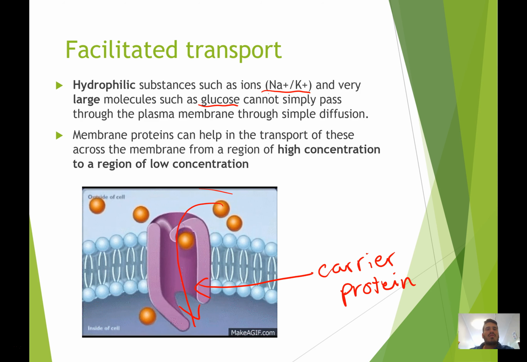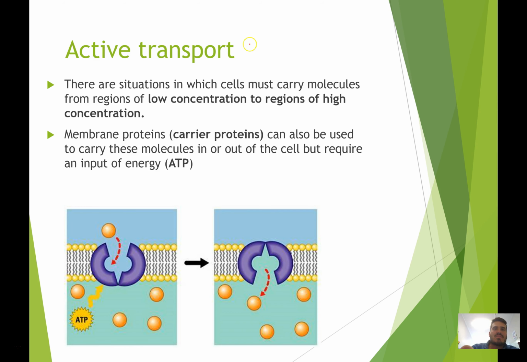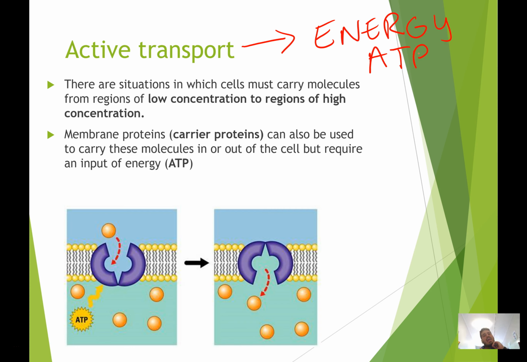Okay? So whilst facilitated transport is still talking about no ATP, no energy, in active transport we have energy or ATP required, okay? Because there's situations in which cells actually have to carry molecules from regions of low concentration to regions of high concentration.